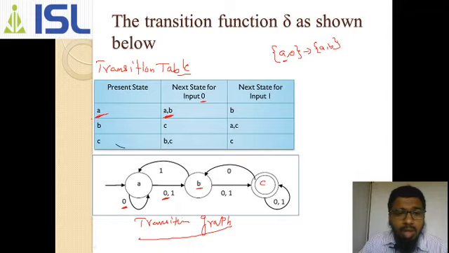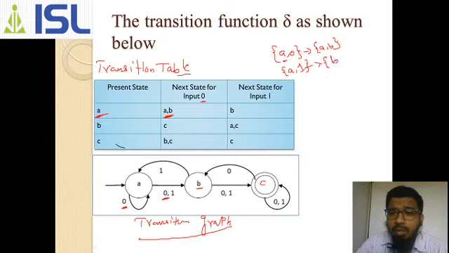Next, A comma 1. What answer are we getting? We are getting B. Next, B comma 0. What is the answer we are getting?